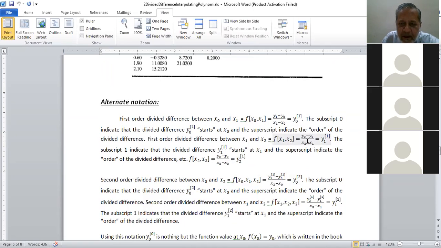The one that is considered between x1 y1 and x2 y2 is the slope of the line that joins these 2 points x1 y1 and x2 y2, and that is known as first order divided difference starting at point x1.